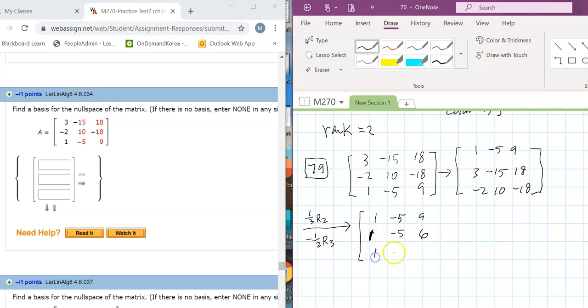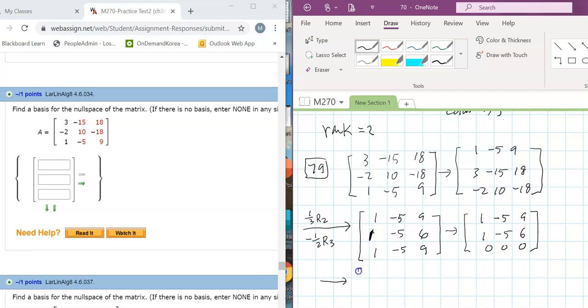And this is 1, negative 5, and 9. Is that right? I could have. Okay, it doesn't matter. So 1, -5, 9, 1, -5, 6, and 0, 0, 0.